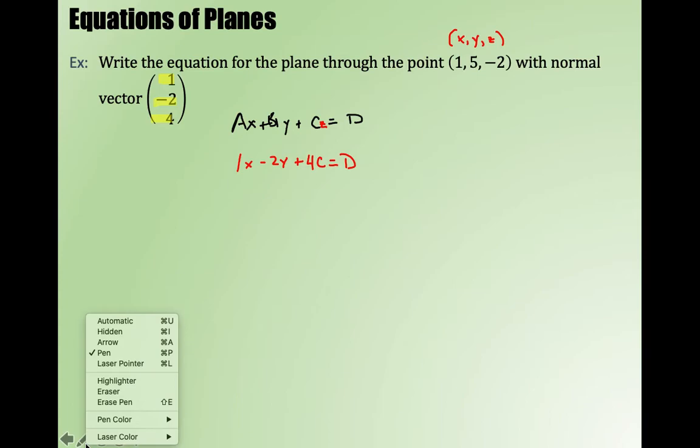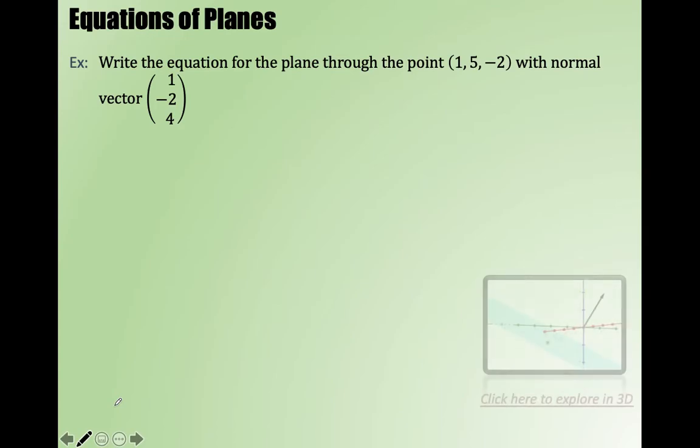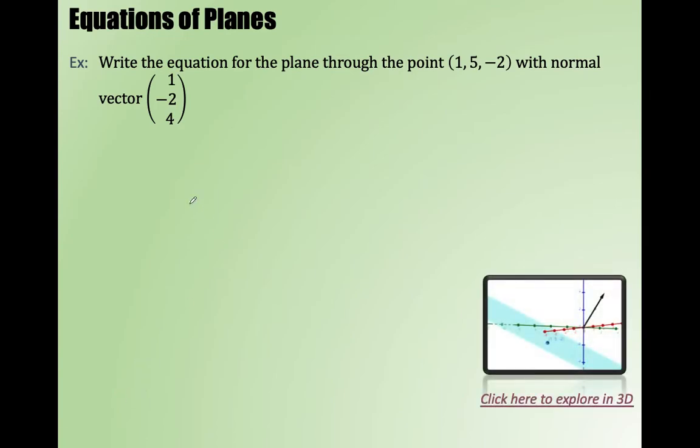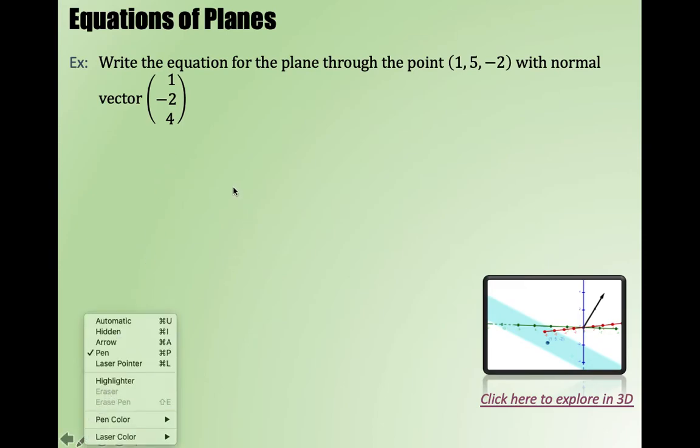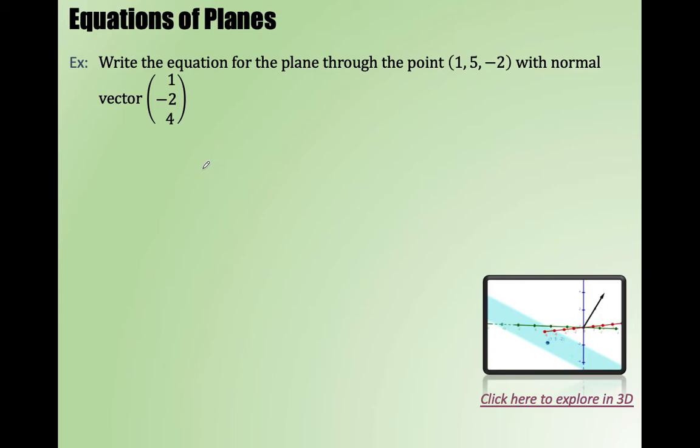Those are the black vectors in that yellow plane. And then we'll look at it. So we're going to say, my generic x, y, z.